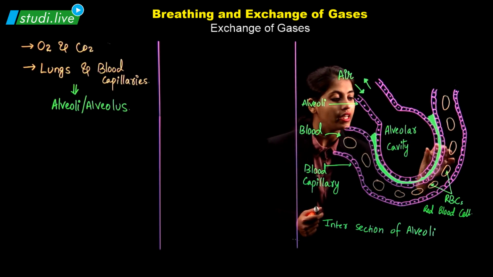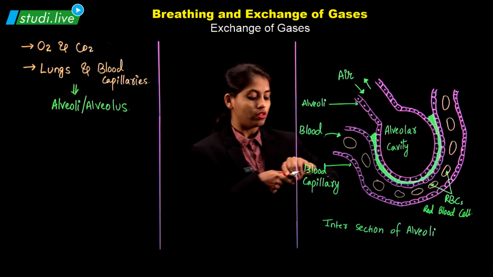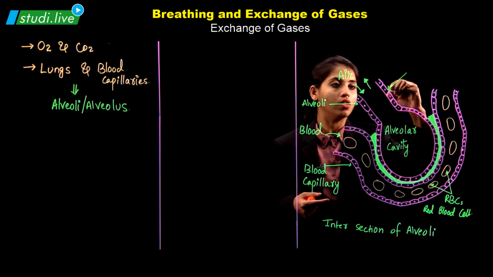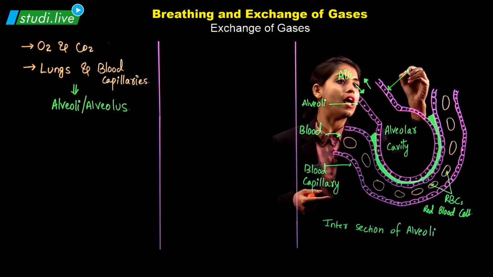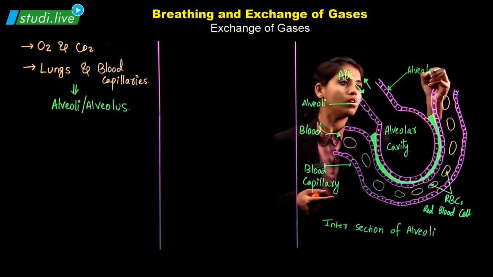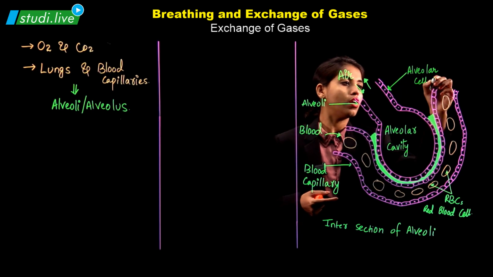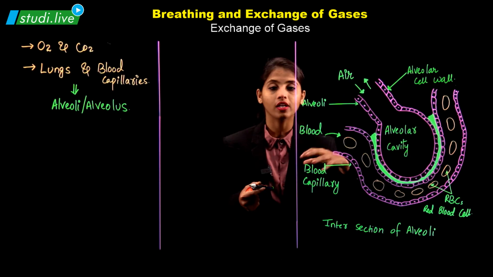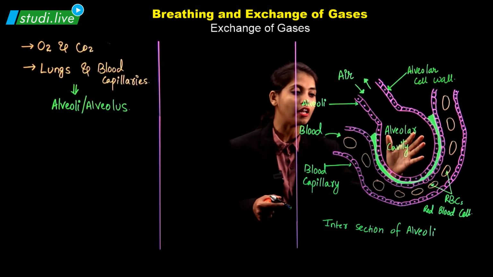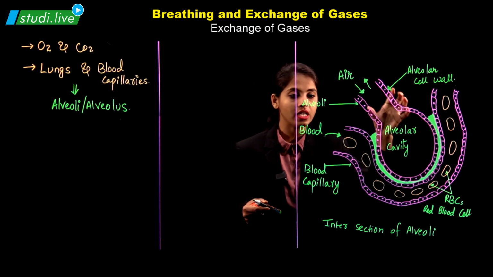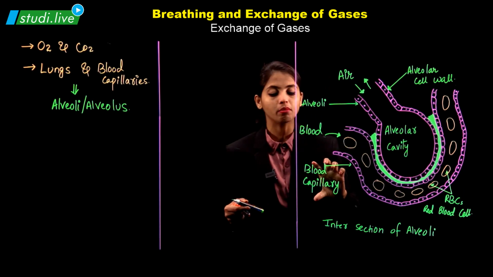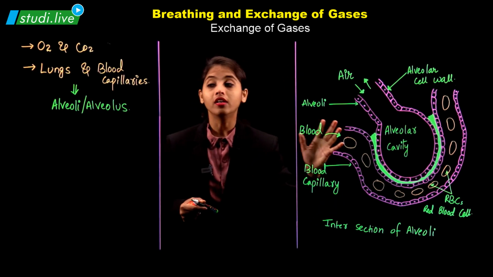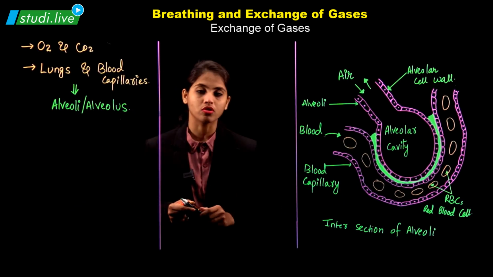This is the lining, which is called the cell wall. You can call it the alveolar cell wall. Okay, student. So that's what we can observe when we are doing the intersection of the alveoli: the alveolar cavity, alveoli, blood capillaries, red blood cells, and the blood capillary from where the blood is entering. Okay, and here we'll be understanding how exactly the procedure is taking place.